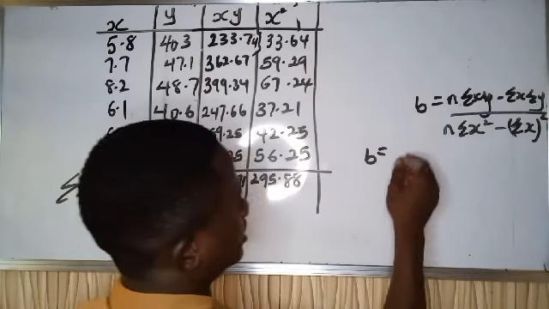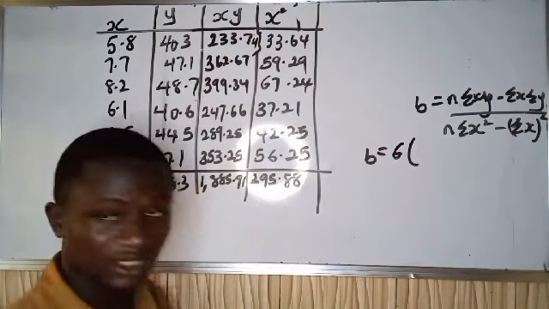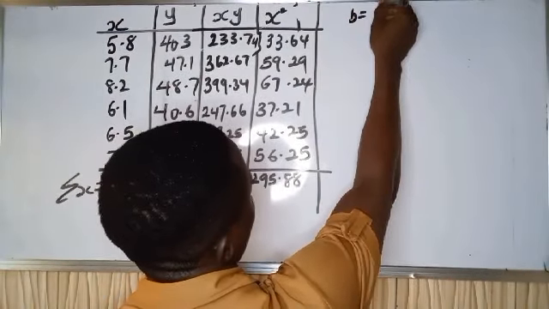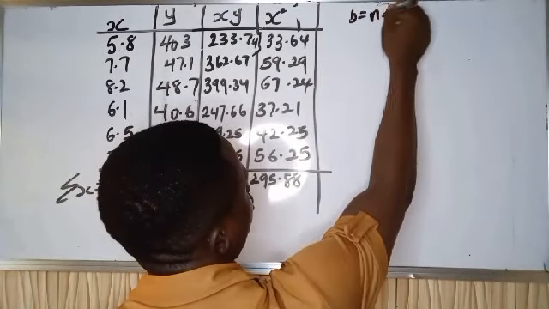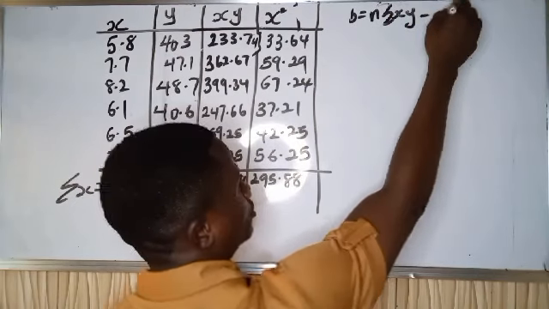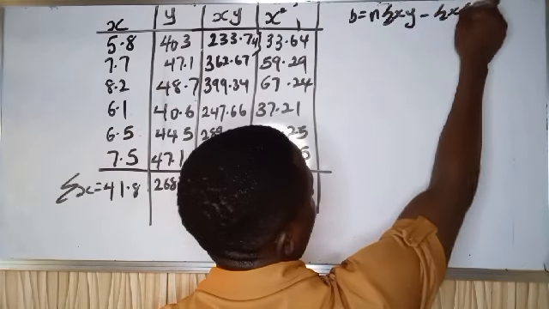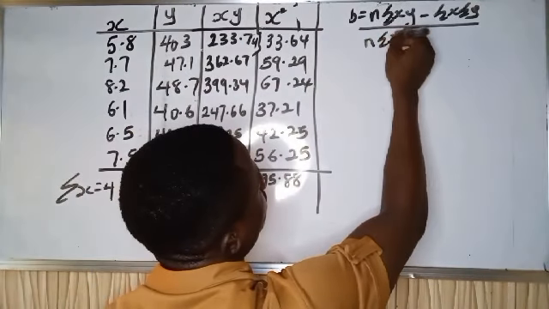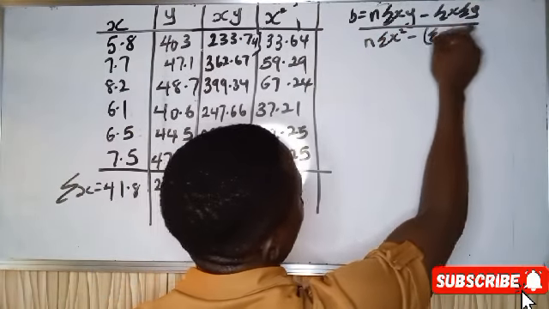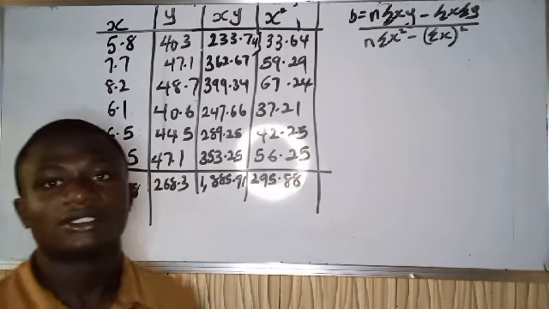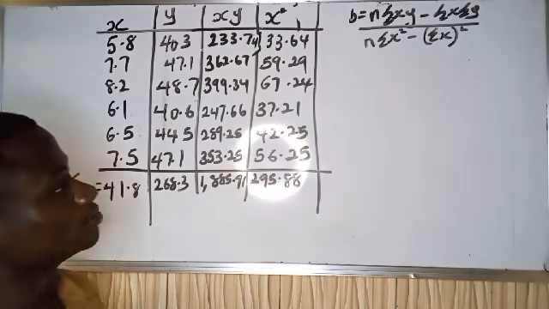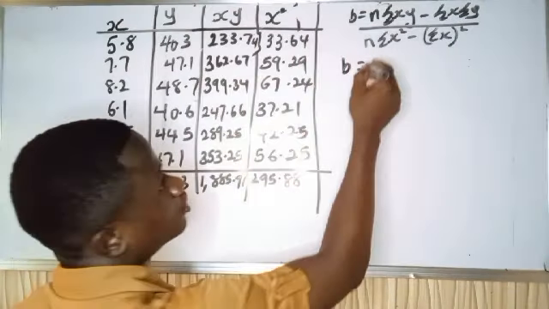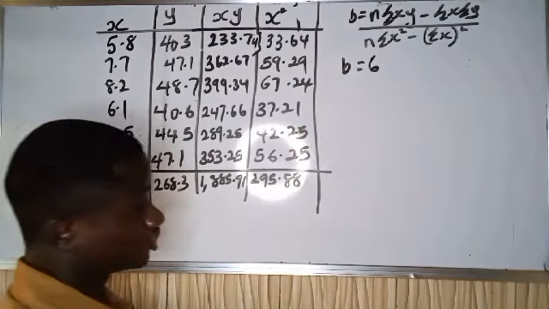So my b equals n summation xy minus summation x summation y over n summation x squared minus summation x all squared. So this is the formula. My b will now be equal to, I'm testing 6 months, right? So that is 6 multiplied by the summation of xy.